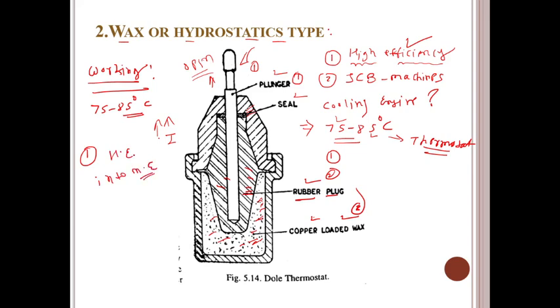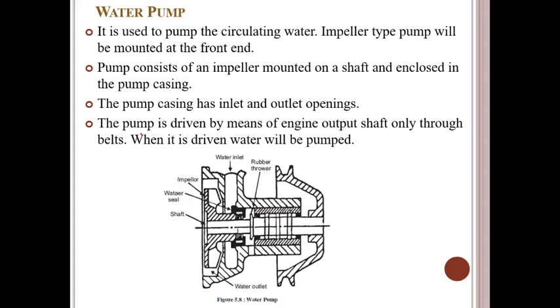This wax motor principle also finds application beside the engine cooling system, including heating systems, thermostatic radiator valves, plumbing, industry and agriculture. Very simple. Next, we have to discuss another topic, the water pump.